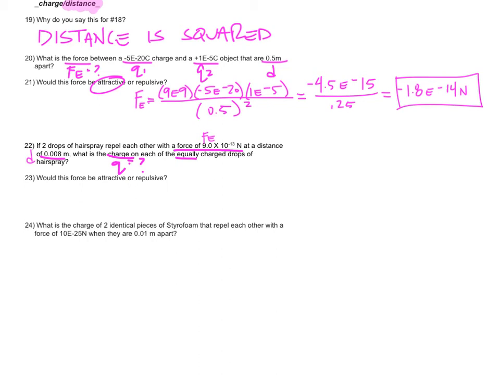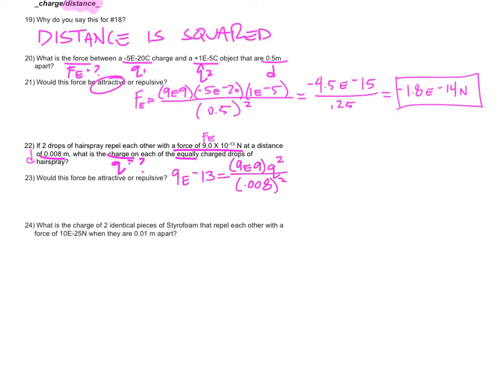I've got 9 times 10 to the negative 13 equals K, which is 9E9, times, since both of my charges are equal, I'm going to express that in my equation as Q squared, divided by, and my distance is 0.008 meters squared.